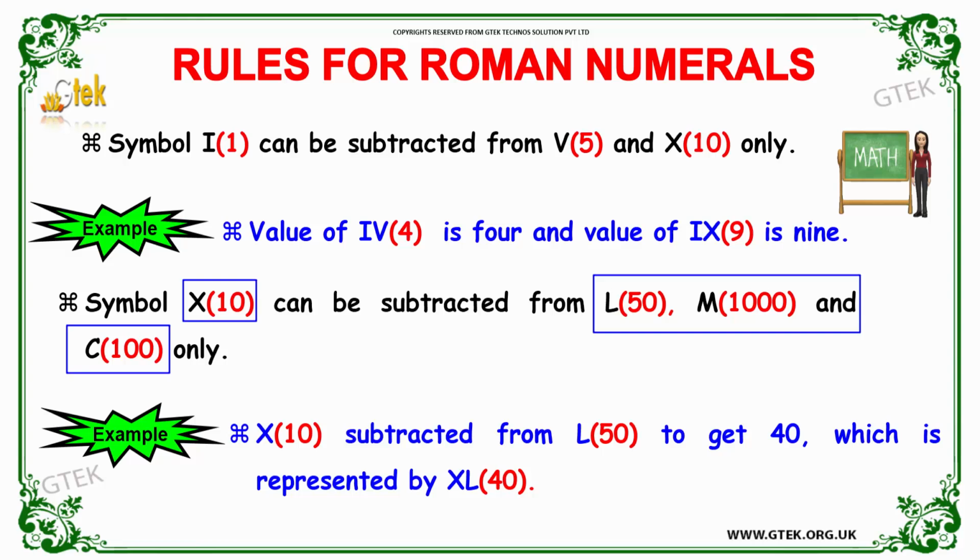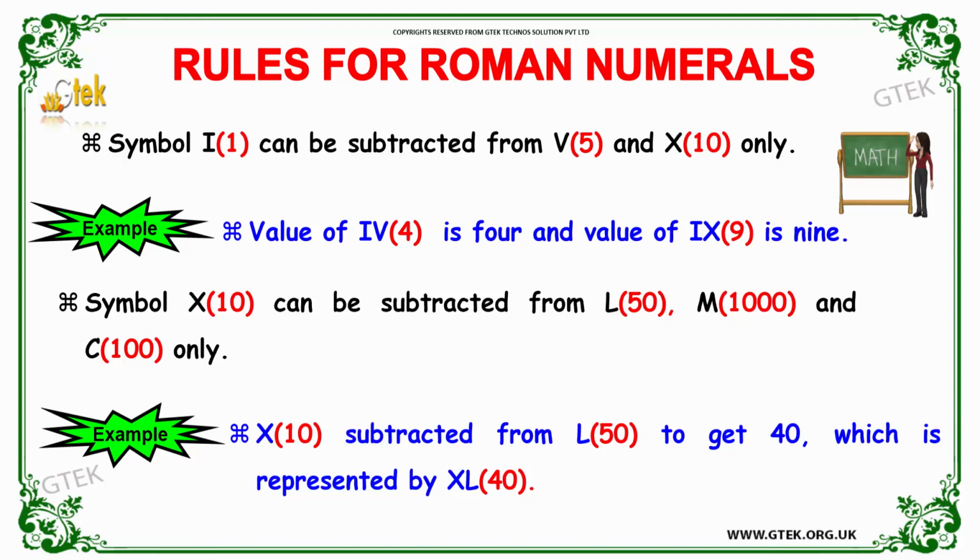So these are the values from which you can subtract the value of 10. Your 10 is subtracted from 50 to get 40. So in this case you can write XL for the value 40. That is, 10 is subtracted from 50 to obtain the value 40.